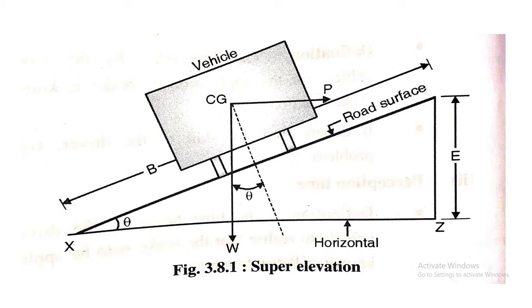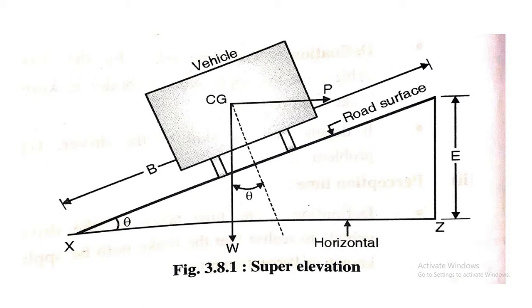The forces acting on the vehicle while moving on a circular curve of radius R meters at a speed of V meters per second are: number one, the centrifugal force P equals Wv square by gR, acting horizontally outwards through the center of gravity.